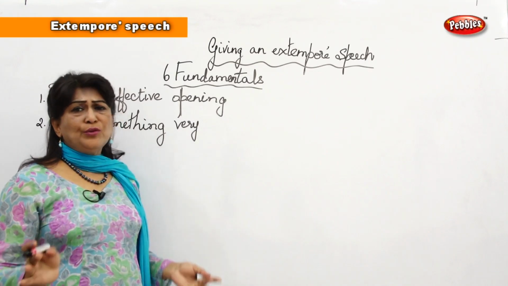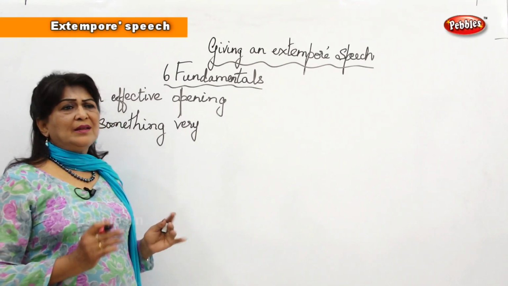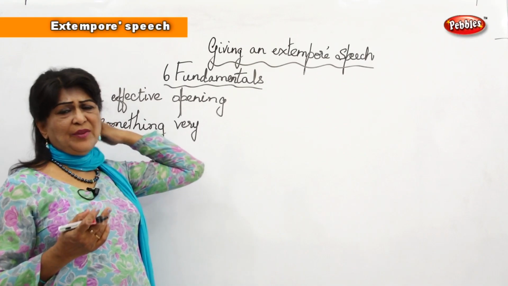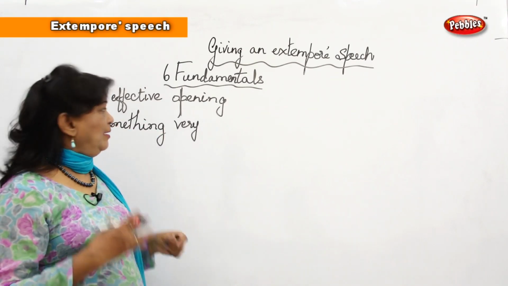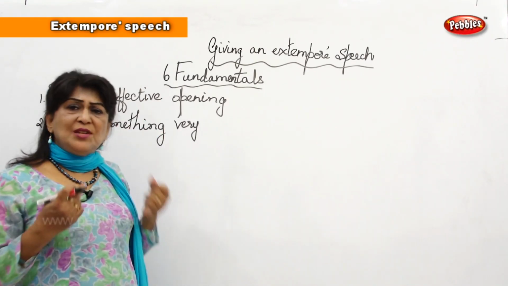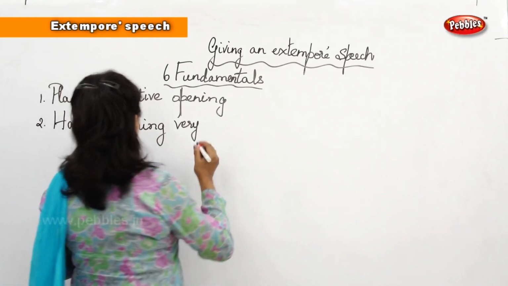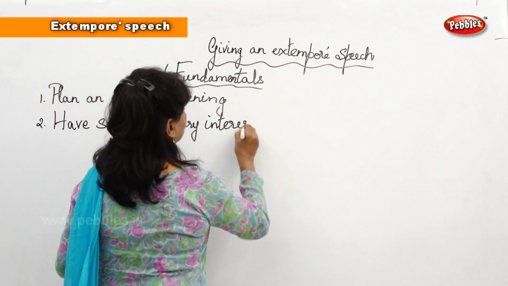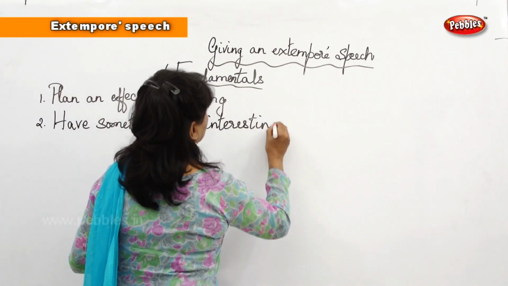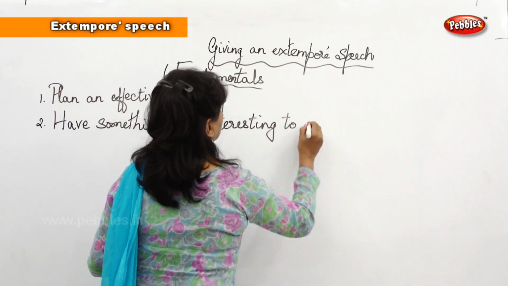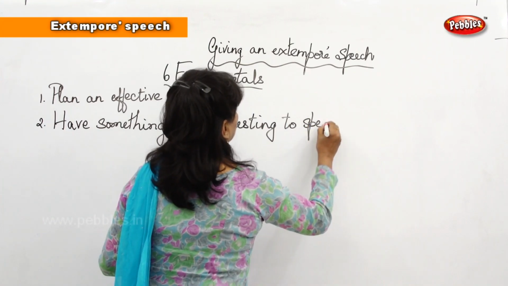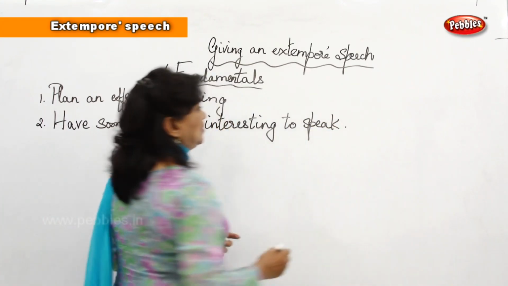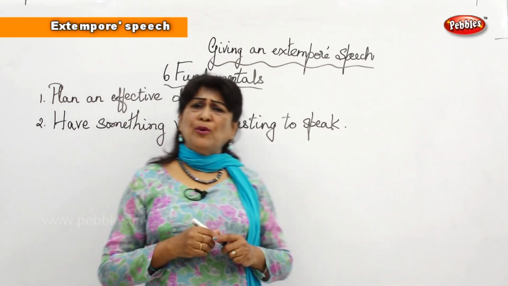It will be a lot of do's and don'ts, and it is not a very effective speech. So, you have to come out with something interesting. Okay. Have something very interesting to speak. Otherwise, the audience will get bored.